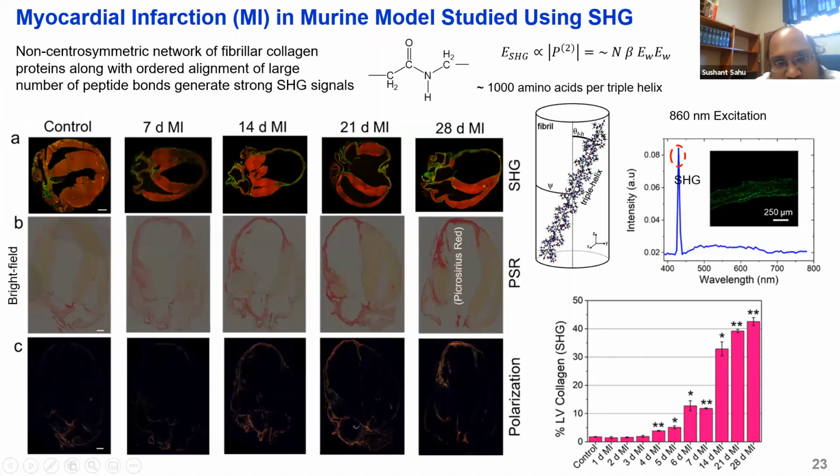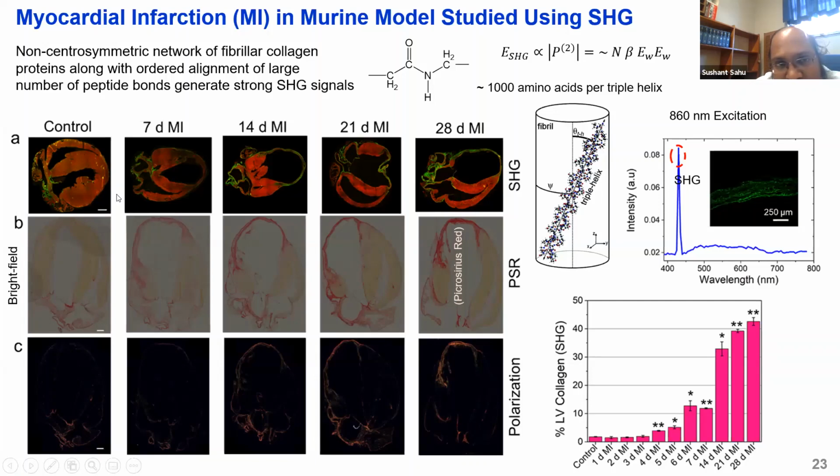So the top panel shows you the label-free, so no fluorescence labeling, endogenous or intrinsic signal from the collagen, as well as this red. Here the red channel represents the endogenous autofluorescence coming from 2-photon fluorescence, and the green channel represents the SHG channel.